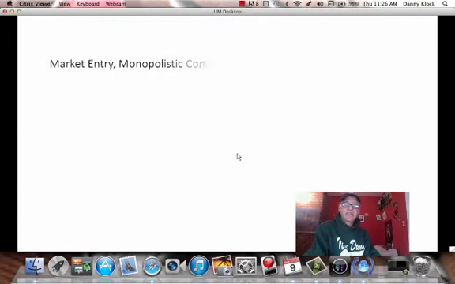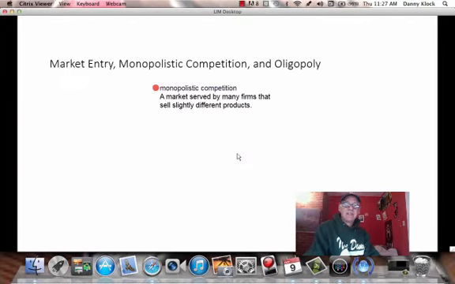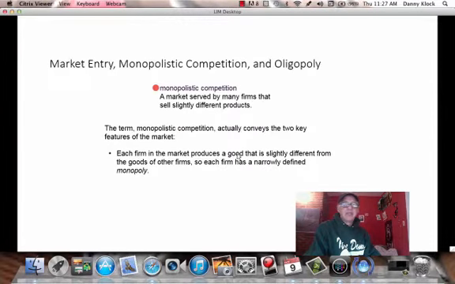Take a look at this, try to understand it. Make sure you understand what a monopolistic competitive firm is, because it uses the two terms. Monopolistic, because they can try to differentiate their product and get a slight monopoly of it, but they're still in competition. It's like a scarf company.